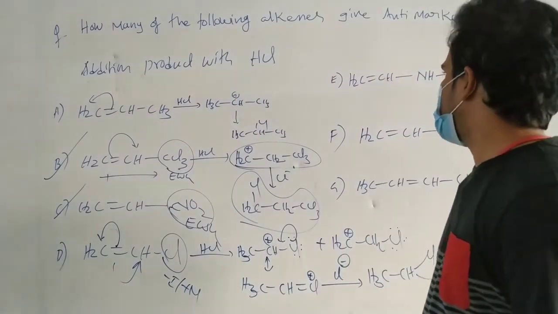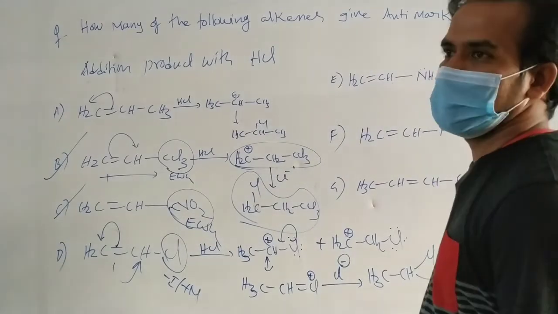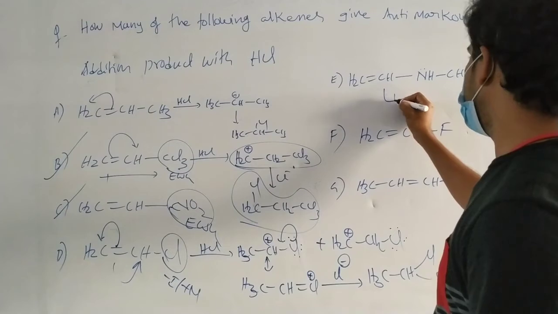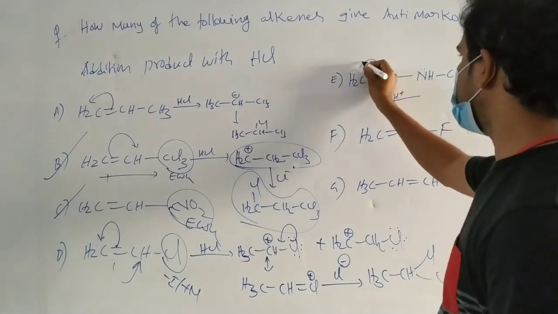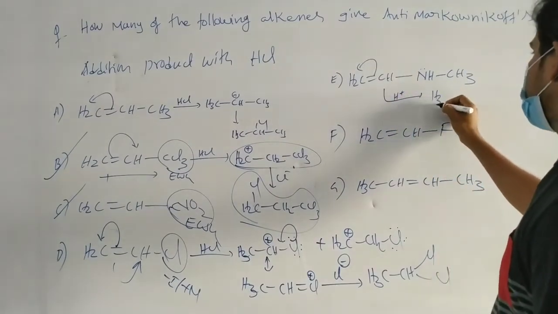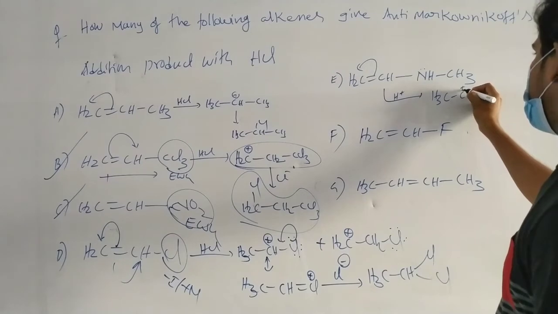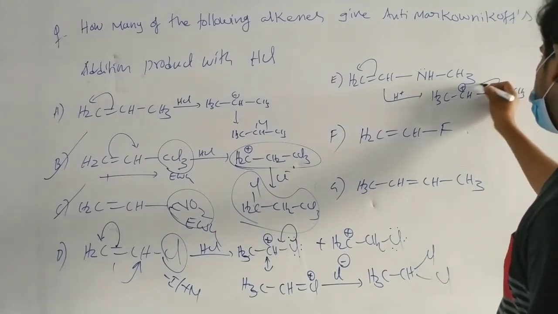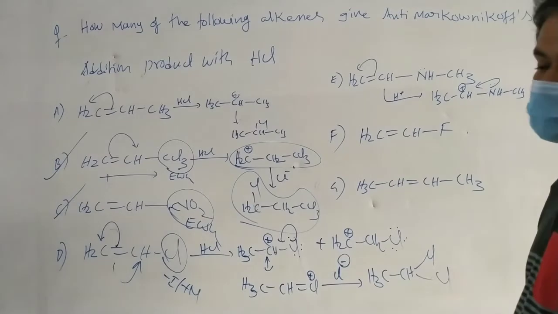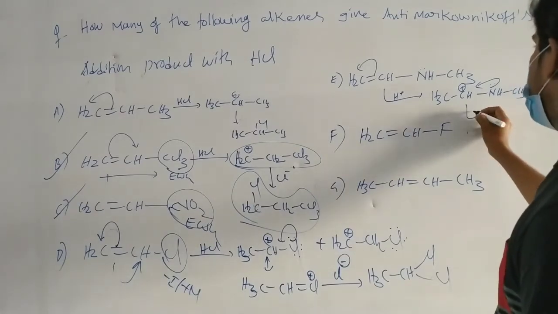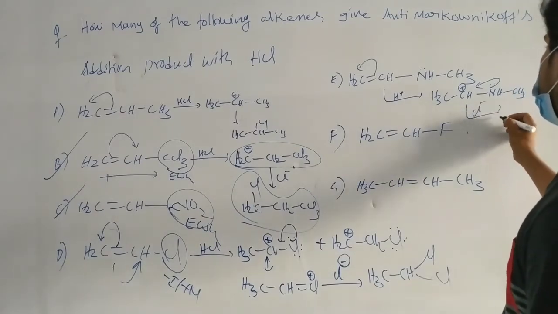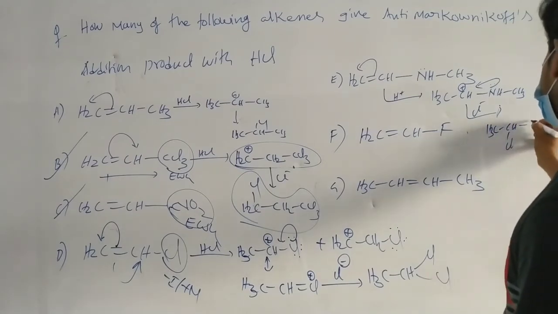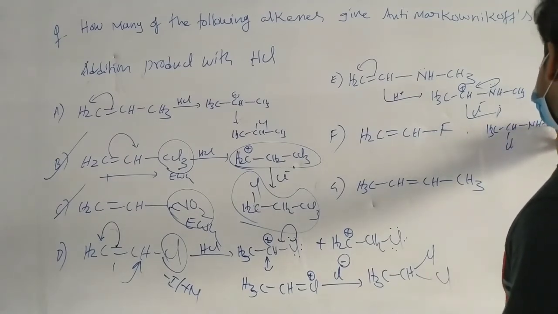That vinyl chloride follows a Markovnikov addition product. Next, coming to this, it is a donating group. When there is a donating group, protonation takes place on this carbon because the formed cation is stabilized by resonance from the nitrogen. Now it is attacked by Cl minus, and the product is CH3CHCl NHCH3.